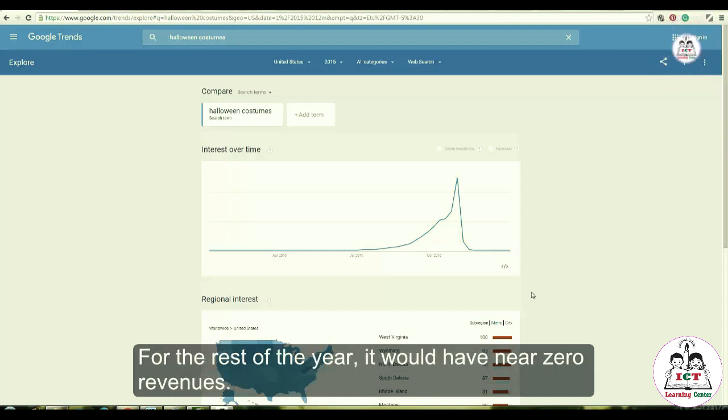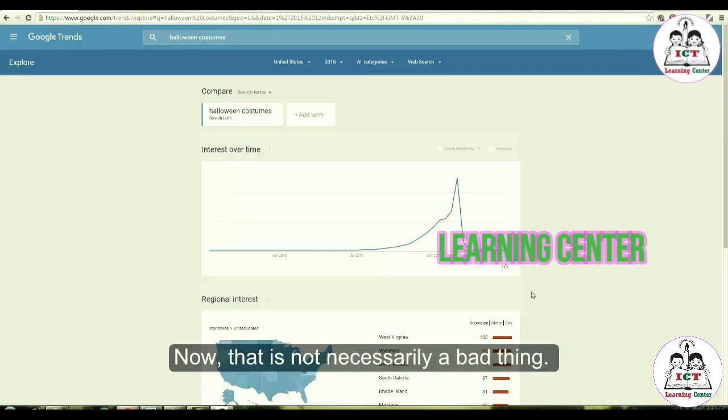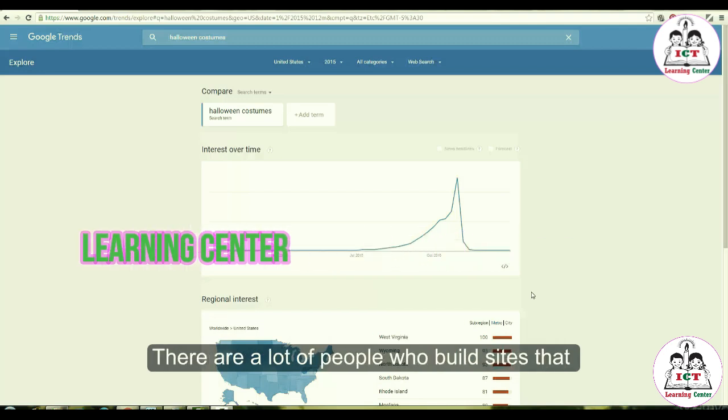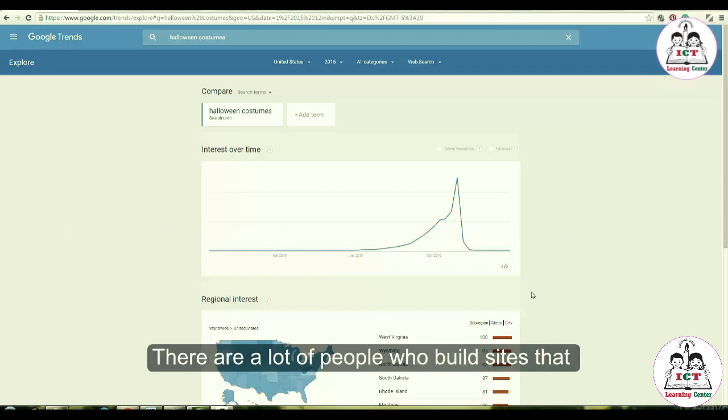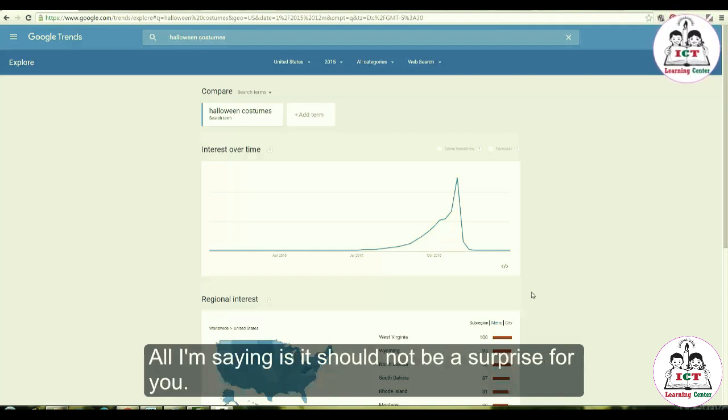For the rest of the year, it would have near zero revenues. Now, that is not necessarily a bad thing. There are a lot of people who build sites that generate revenues only for a few weeks in a year. All I'm saying is, this should not be a surprise for you.